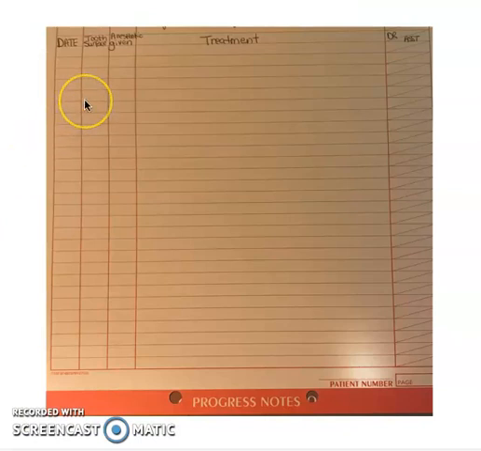Let's just pretend we're still in 2017. Here, if the patient came in today and it's September the 15th, then we want to put that date here. So we would put 9/15/17, or today's date, we would put maybe 9/15/2020. So this is the date for the progress notes.